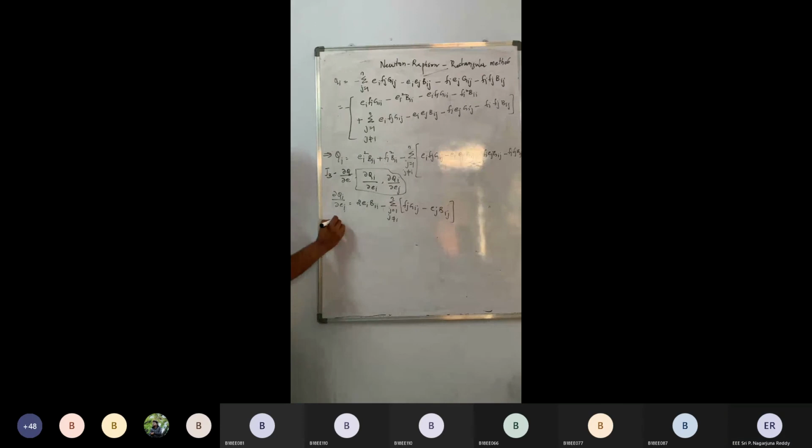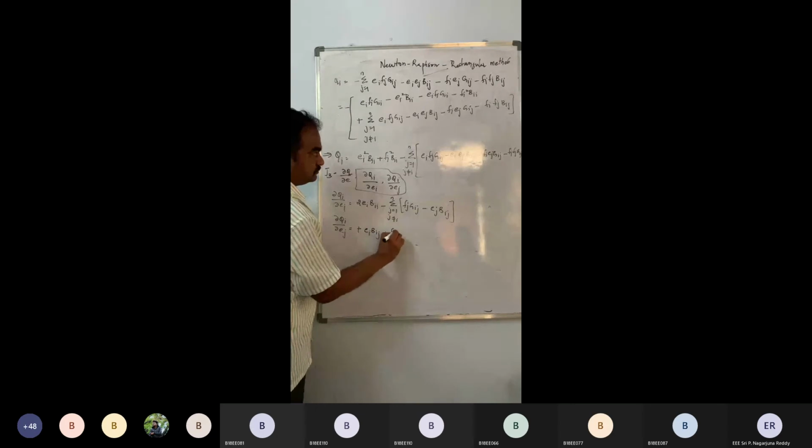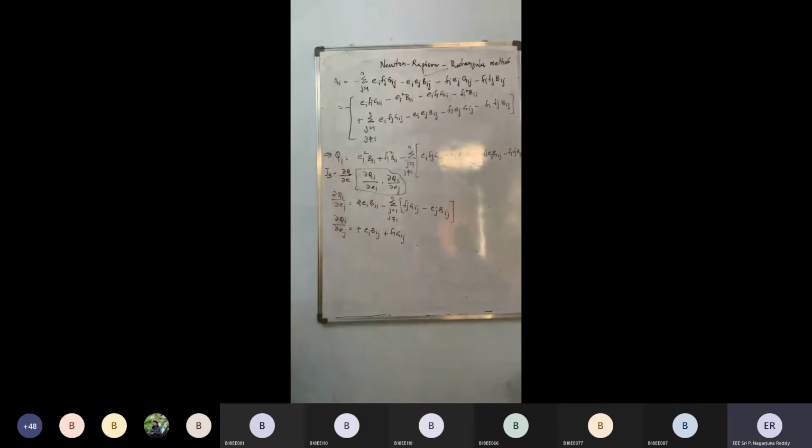Similarly, 0, 0, this will get eliminated. So this is the J3 submatrix.